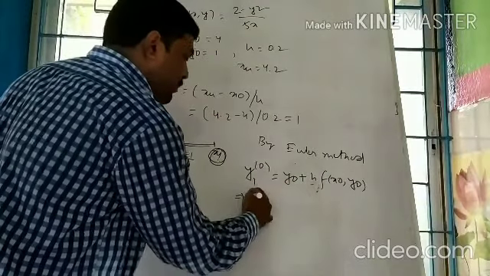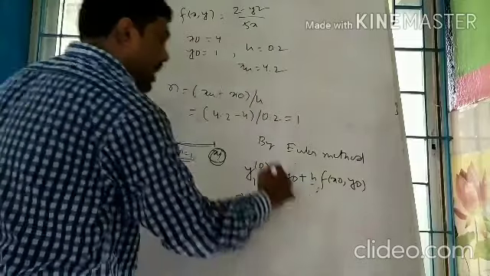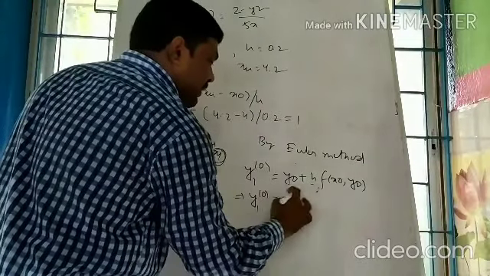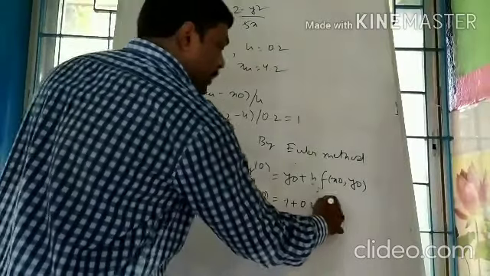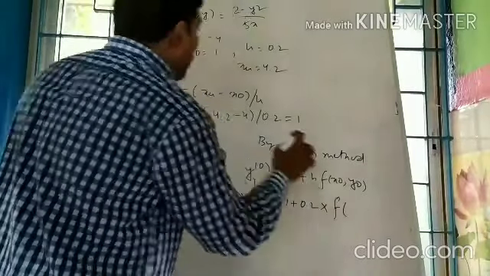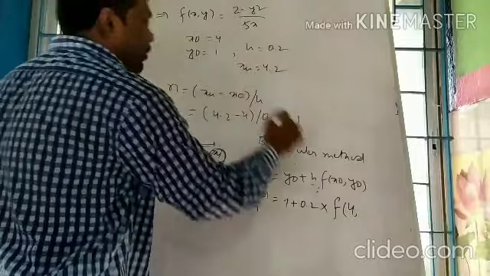So y10 is y0, y0 is 1, plus h is 0.2, into f of x0 y0. f of x0 y0, x0 is 4 and y0 is 1.